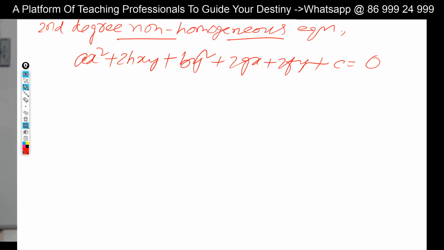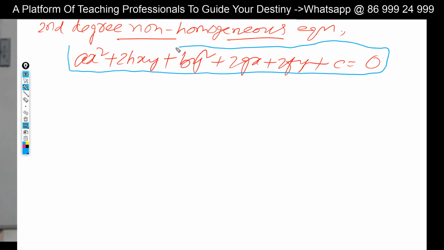See, why I am insisting to remember this equation? This equation represents every geometrical figure in two-dimensional geometry, but under certain conditions.